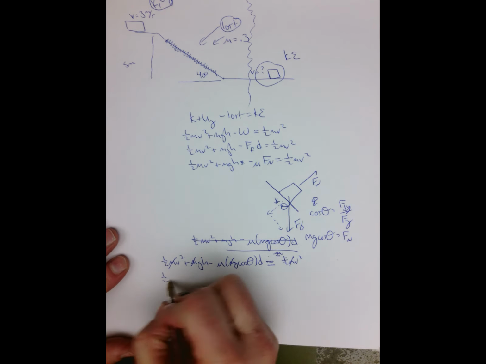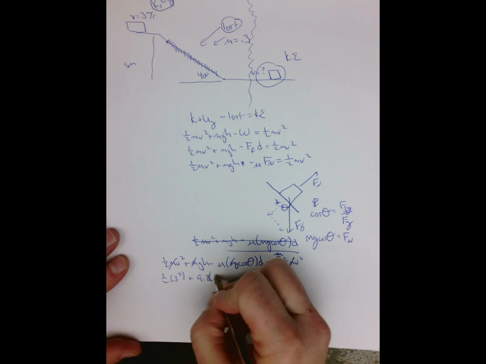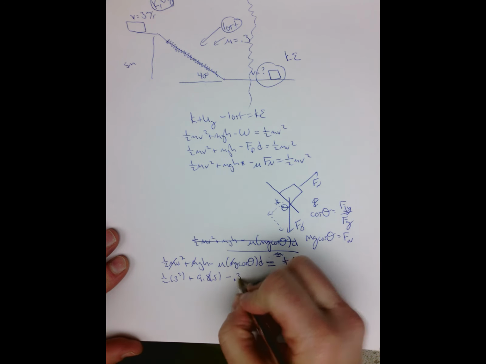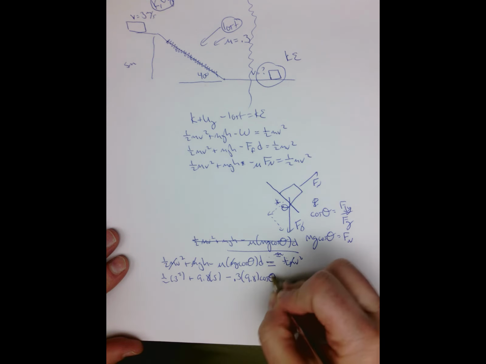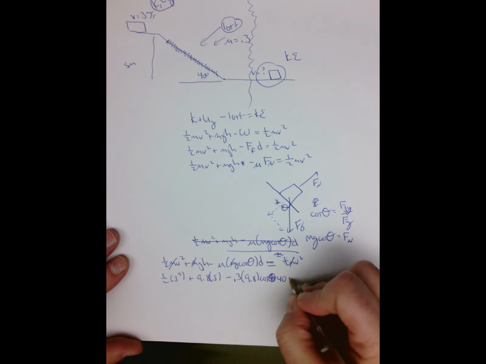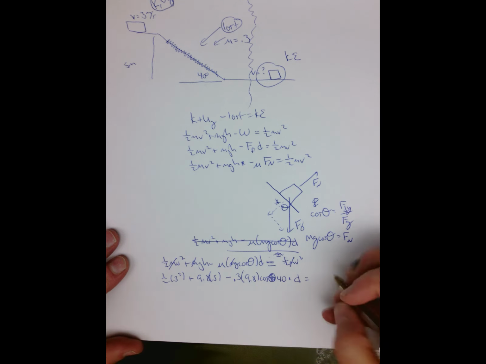So 1/2 times 3 squared plus 9.8 times 5 minus 0.3 times 9.8 times cos of 40, times the distance of the ramp, which I've got to figure out, equals 1/2 v squared.